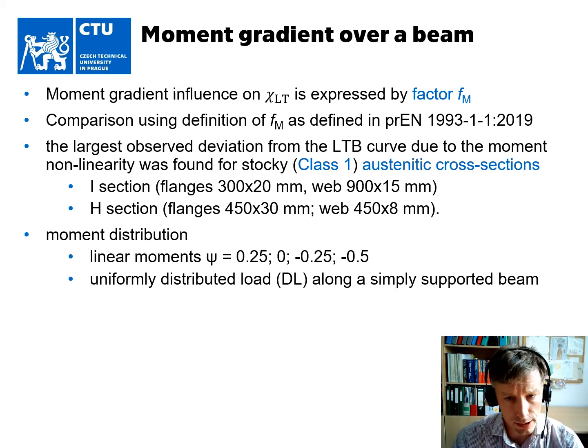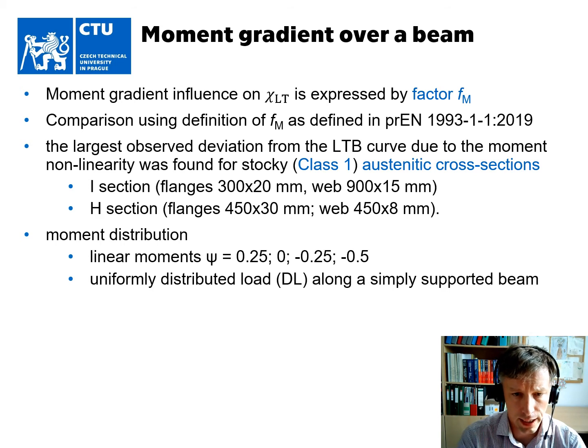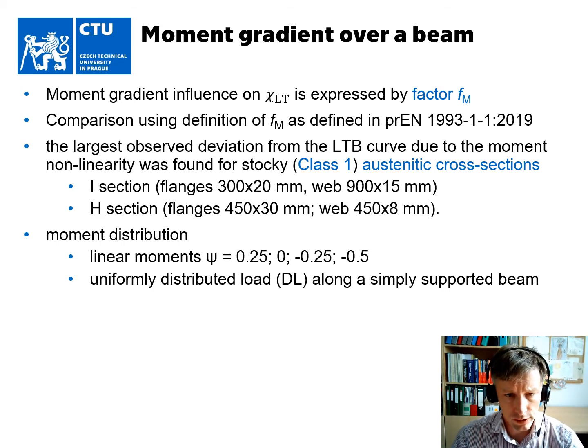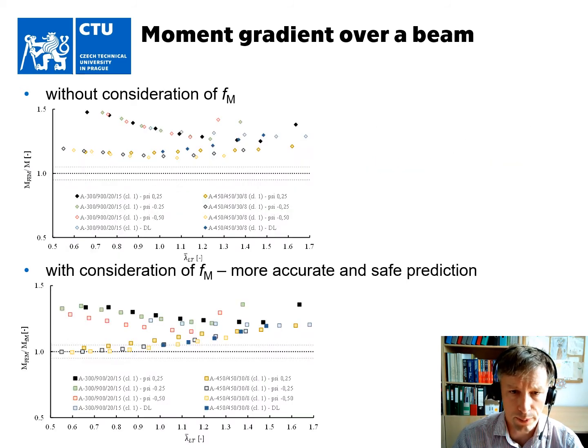So this was a stocky class 1 section from austenitic steel and I-section. We've considered different moment distributions, so like linear moments with ratio 1 to 0.25, 1 to 0, minus 0.25, minus 0.5, and also uniform distribution of the load along a simply supported beam.